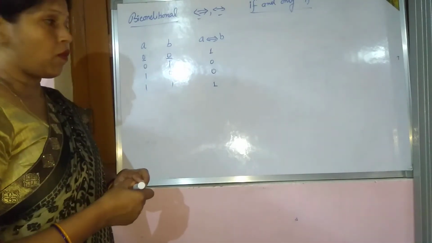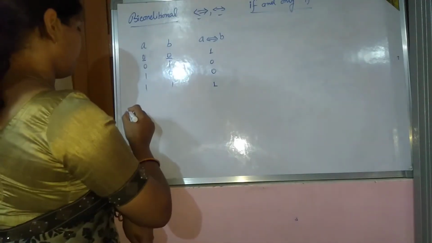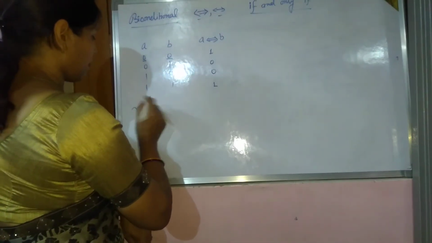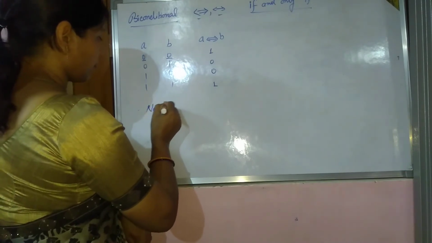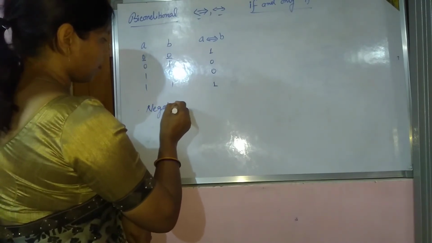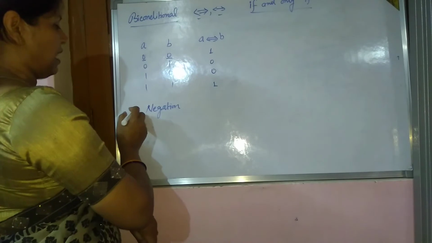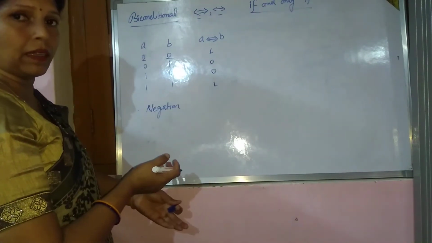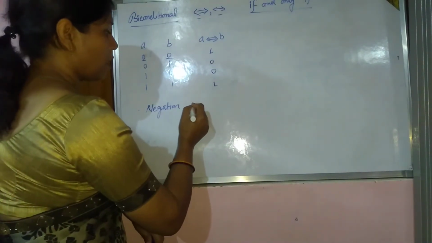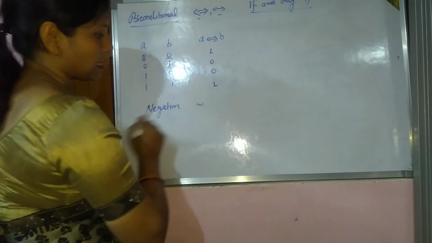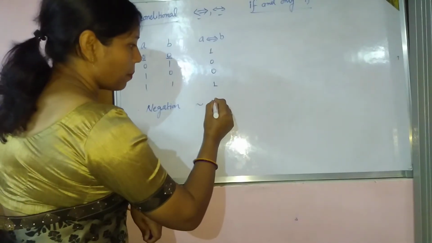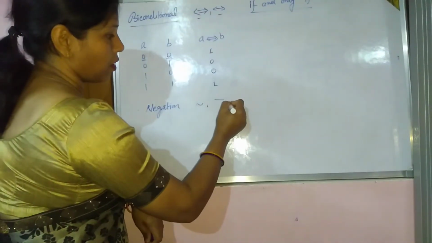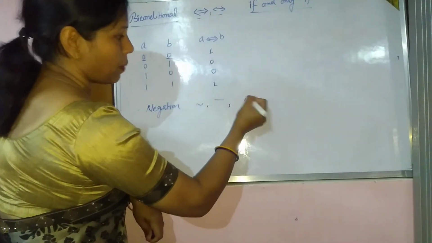These are the 4 main connectives. One more is negation. Negation is an operator. We can denote it by this sign, known as the tilde sign, then the bar sign, or we can denote it by the complement sign.